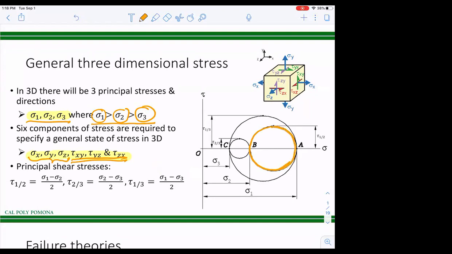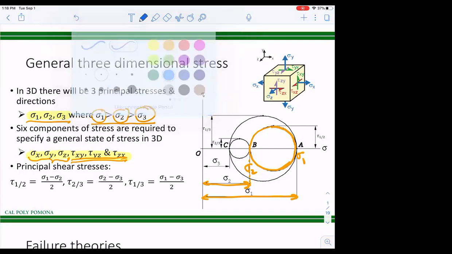You will see that this is my sigma 1, whatever you read from here all the way, that's my sigma 1. This will be my sigma 2, the x-axis reading, that means from here to here. Now the sigma 3 would be, so you have 3 Mohr circles. One is the AB, the other would be the AC. AC, I'm going to draw it with a blue line.